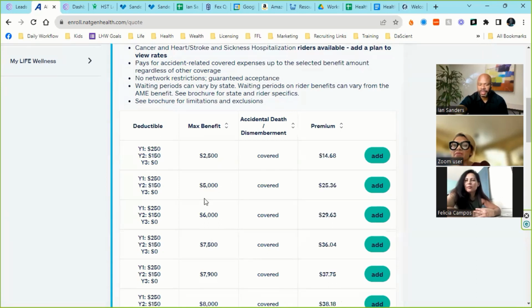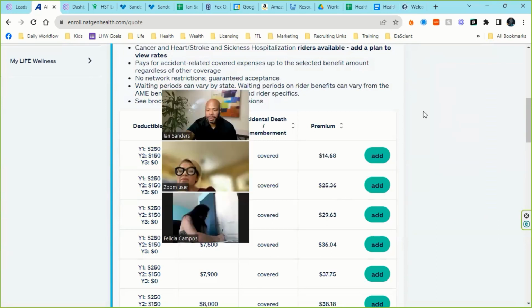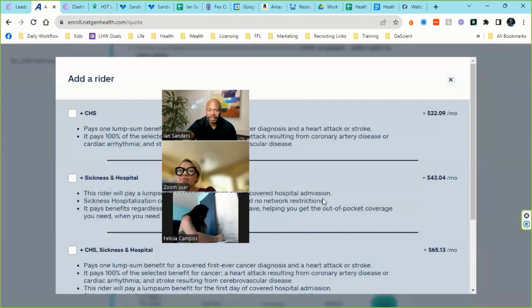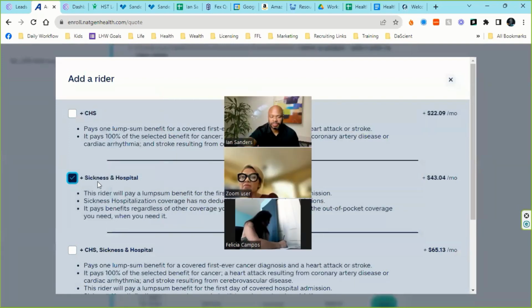And the way that I explain that, and I'll go through it when I'm explaining the plan, is that if she goes into the hospital because of an accident, she can use the $5,000 to pay off her out-of-pocket maximum, which is $3,000. And then after that, everything's covered 100% and still have $2,000 in her pocket. So that's 2,536. But when I add it, what I'm always going to want to do is include the sickness.